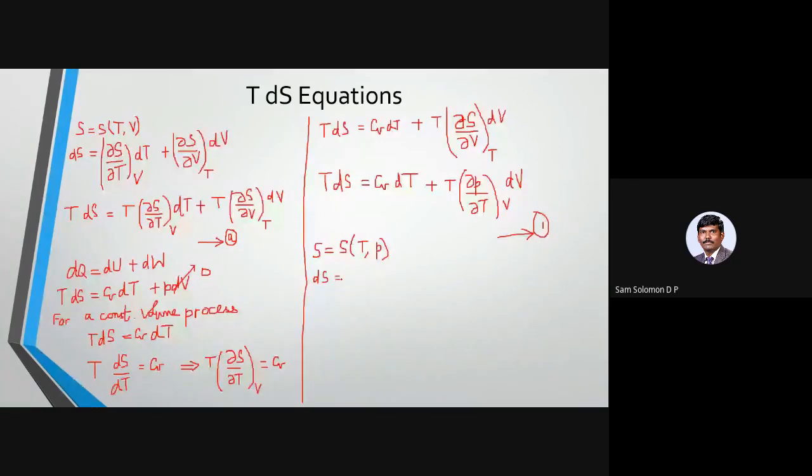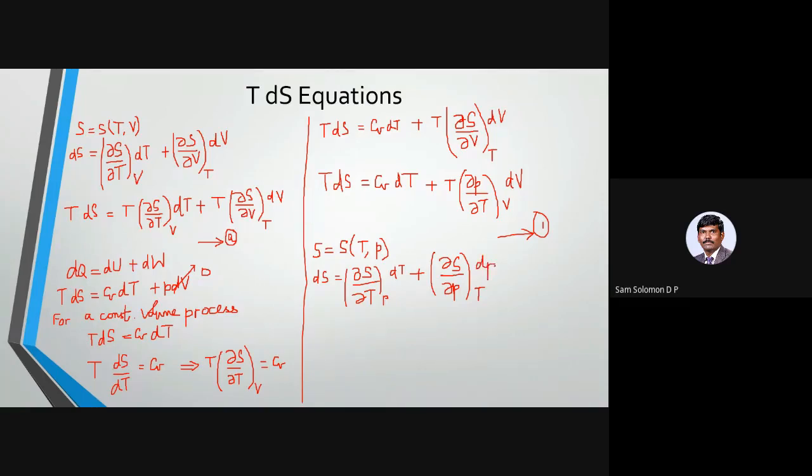Partial S partial T at constant P into dT, plus partial S partial P at constant T into dP.